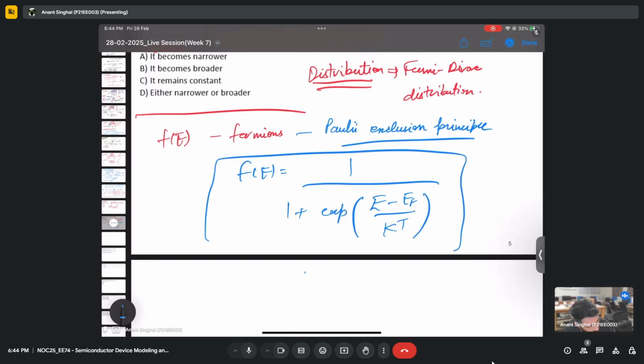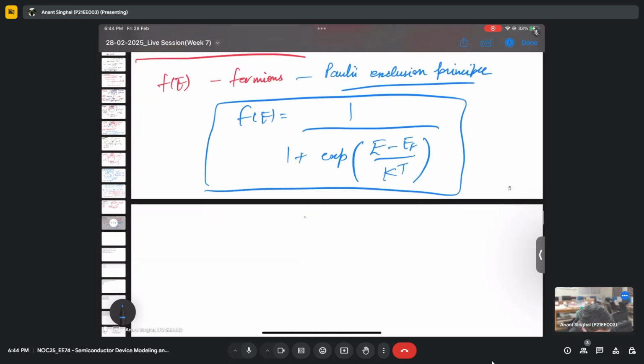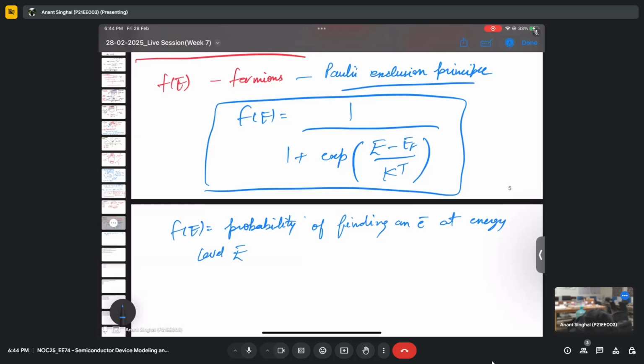Do you remember this function? What is Fe in this function? Fe is the Fermi-Dirac distribution function, and it shows the probability of finding an electron at energy level E and at temperature T. T is in Kelvin, energy is energy.